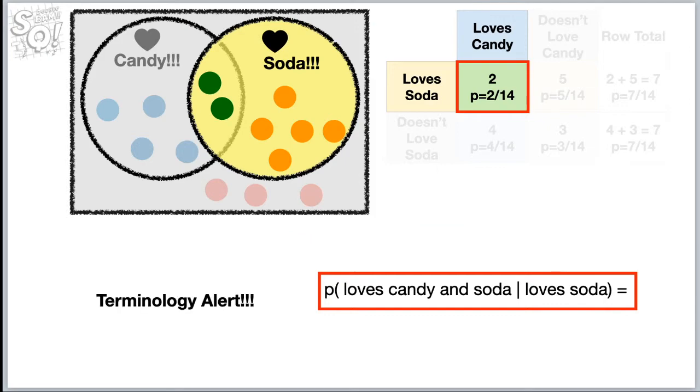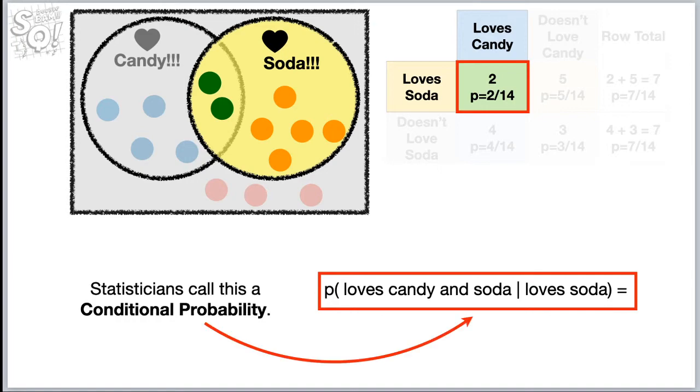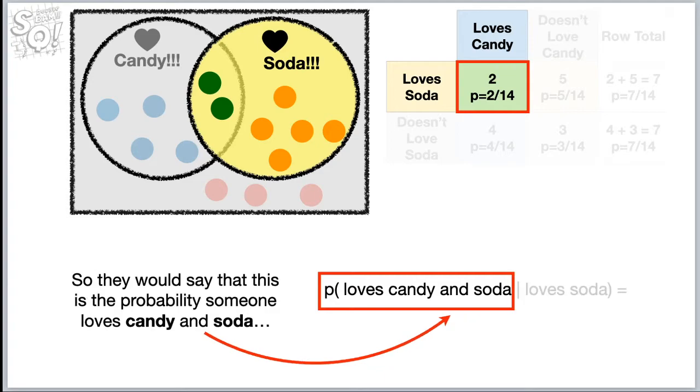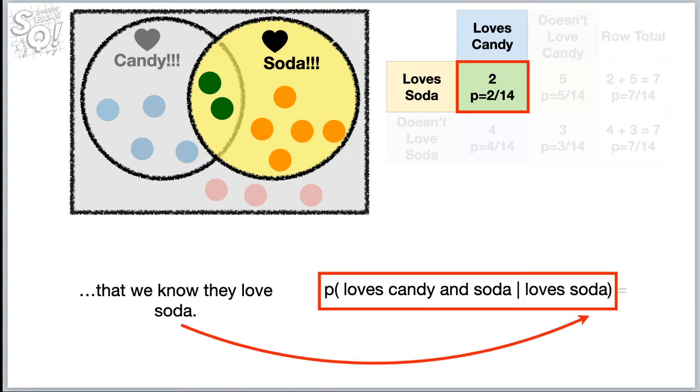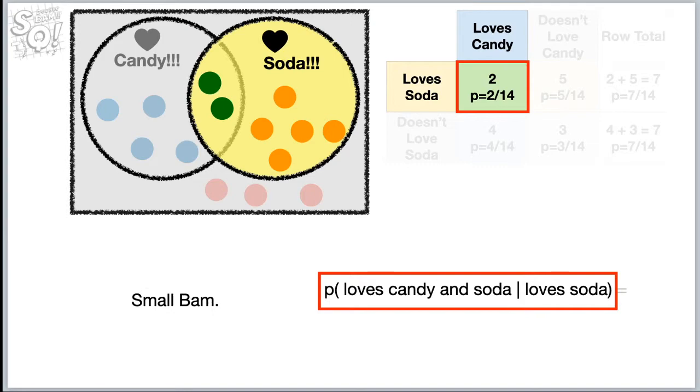Oh no, it's the dreaded terminology alert. Statisticians call this a conditional probability. So they would say that this is the probability someone loves candy and soda, given the condition that we know they love soda. Small bam.